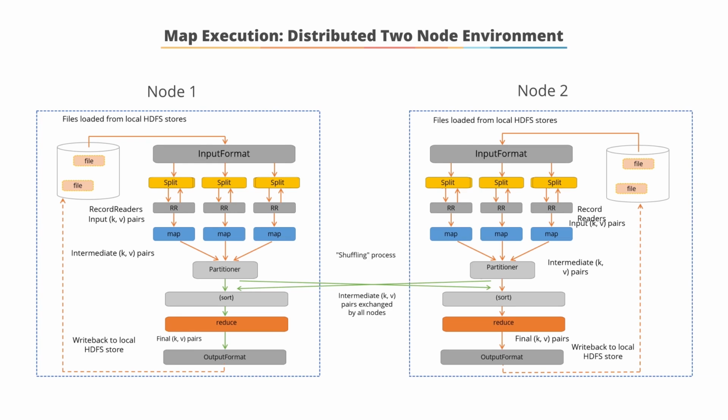These intermediate outputs are stored in the local file system. Thereafter, a partitioner assigns the records to the reducer. In the shuffling phase, the intermediate key value pairs are exchanged by all nodes. The key value pairs are then sorted by key and the reduce function is applied. Again, the output is stored in HDFS based on the specified output file format.